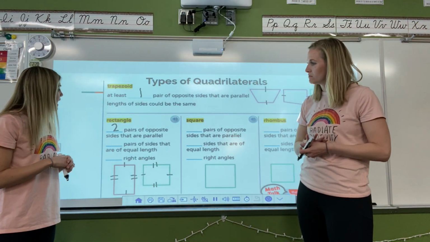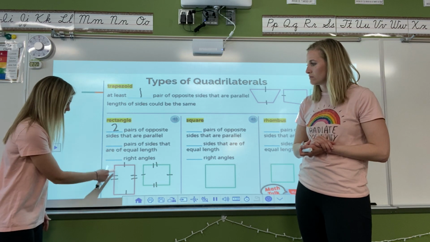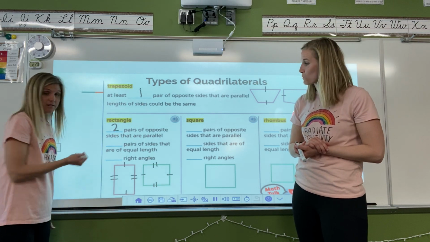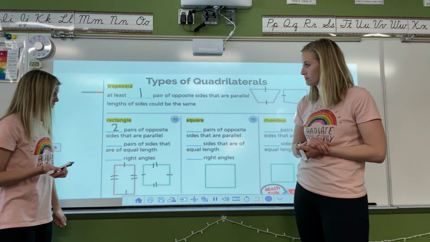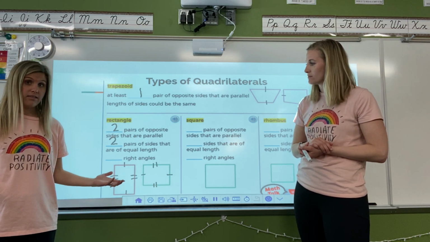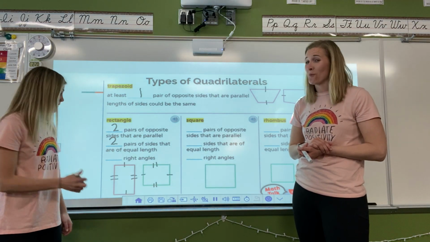It also says blank pairs of sides that are of equal length. Well, if I'm looking, I see that this side and this side are the same length. This side and this side are the same length. Same thing on this one. So again, it has to be 2 pairs of sides that are of equal length. And how many right angles do we see? Let's count them.